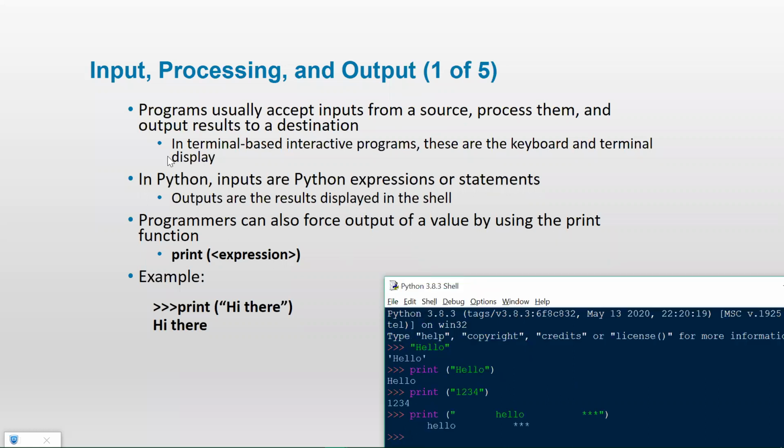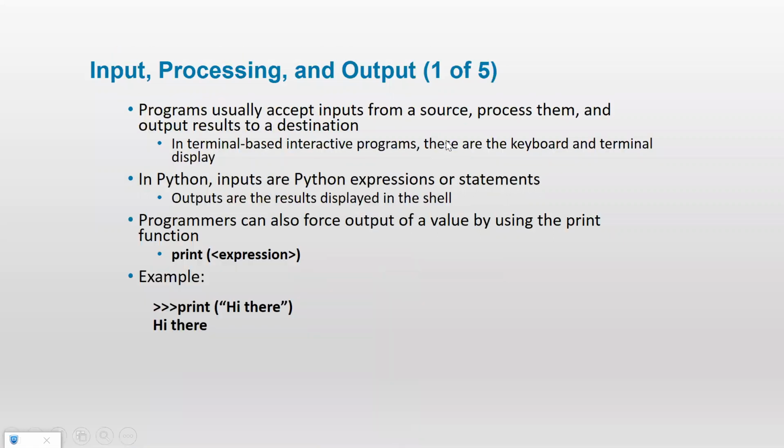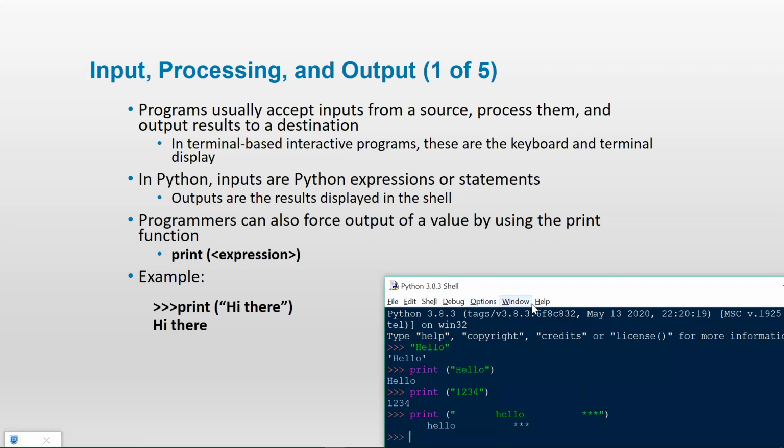Okay, so let's look at this. Programs usually accept inputs from a source, process them, and output results to a destination. In terminal-based programs, that's the keyboard and the terminal display. So we use the keyboard to input, and this is the terminal display.